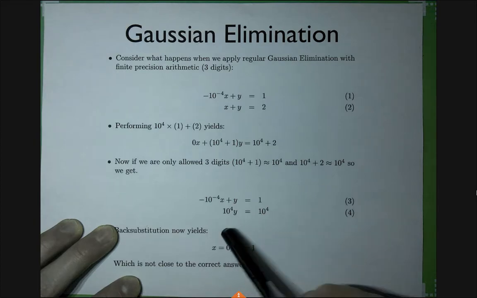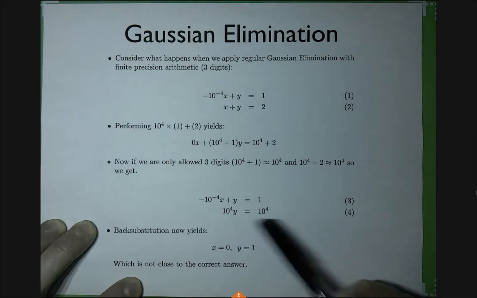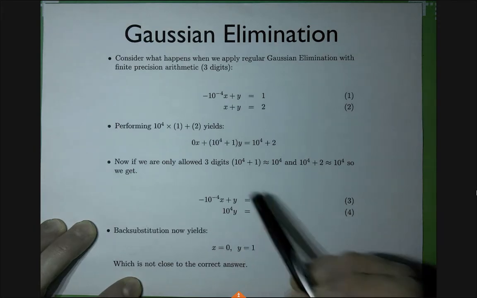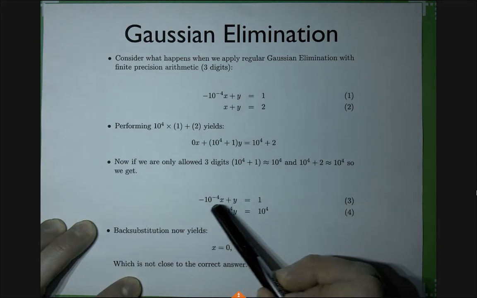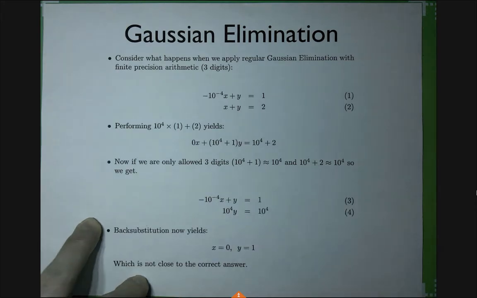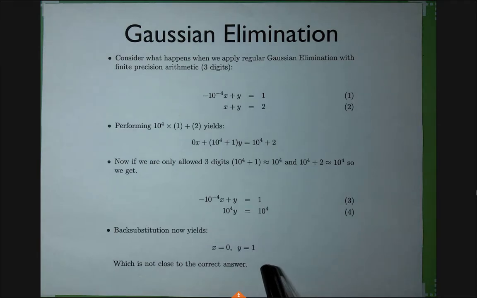So now I happily do back substitution, and I get that y is 1, right? Because 10^4 times 1 is 10^4. And if I plug it here, I get that 10^-4 x is 0, but that means that x is 0. So what I got is x = 0 and y = 1. And that's bad, right?